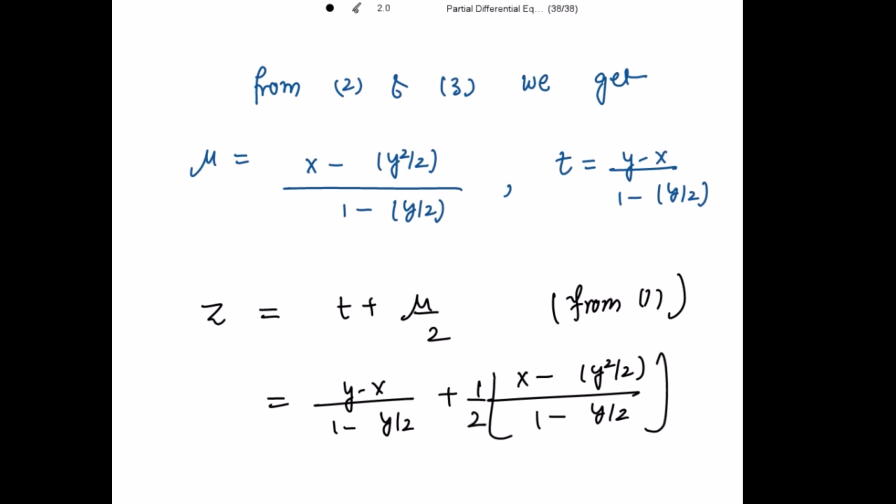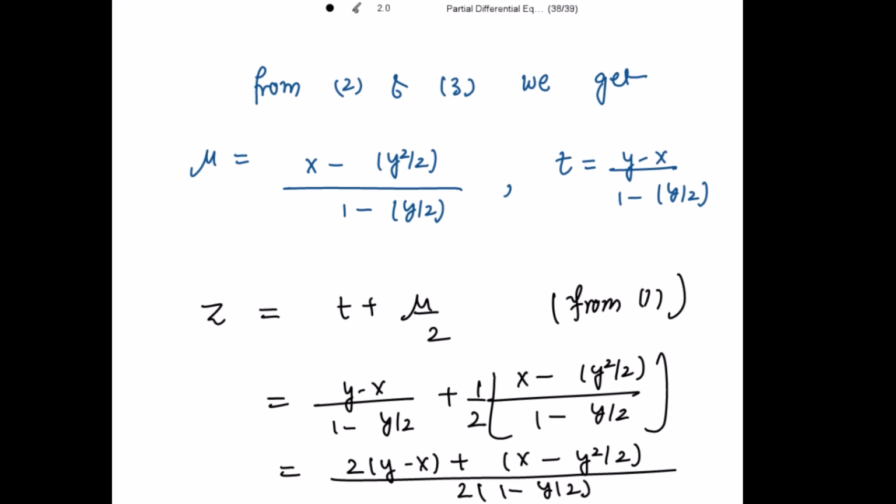When you solve this, we are getting this further to be [2 into (y minus x) plus x minus y square divided by 2], and in the denominator we have 2 into (1 minus y divided by 2). We can also write this denominator as 2 minus y.